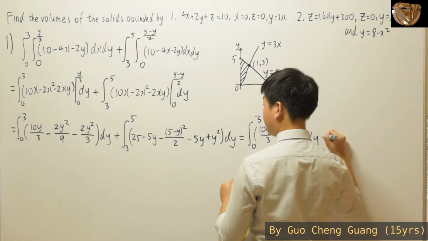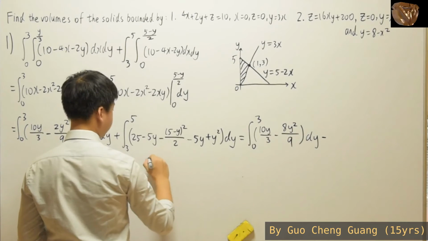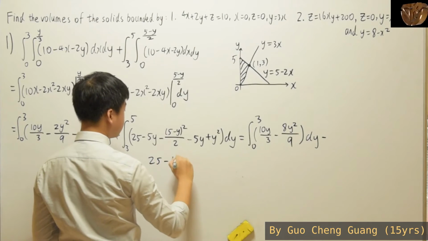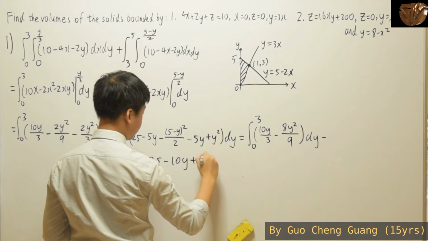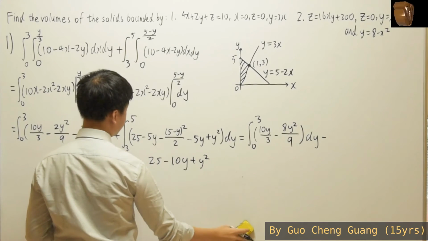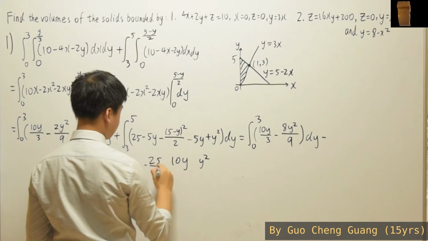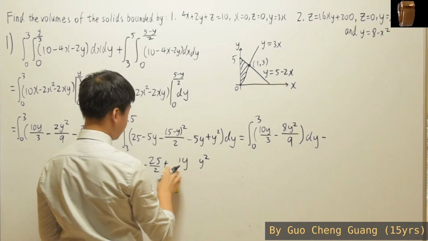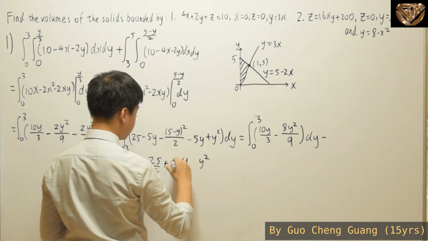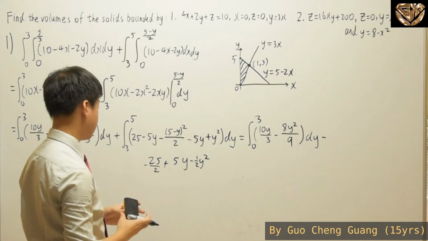For the part behind this, you have 25 minus 10y, and then plus y squared. Well, if you give each of them a negative half, you're going to have negative 25 over 2, so plus 5y, and then minus half y squared.